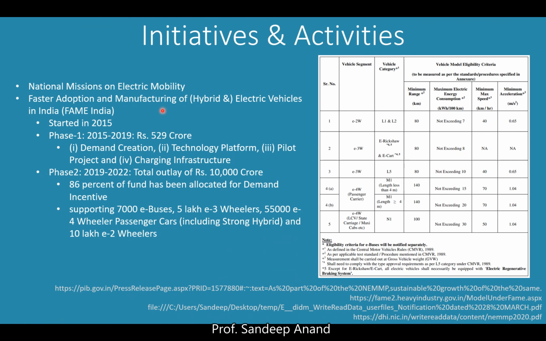Now 2019 onwards, it's in phase 2, which has a relatively higher outlay of 10,000 crores Indian rupees, out of which, if you see, the majority has been allocated for demand incentive, which is to support about 7,000 e-buses, 5 lakh electric three-wheelers, 55,000 four-wheeler passenger cars, and 10 lakh two-wheelers.